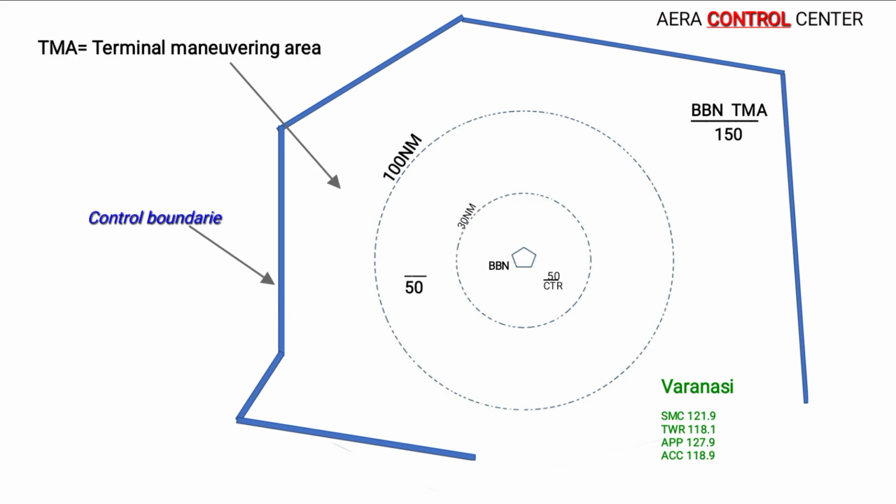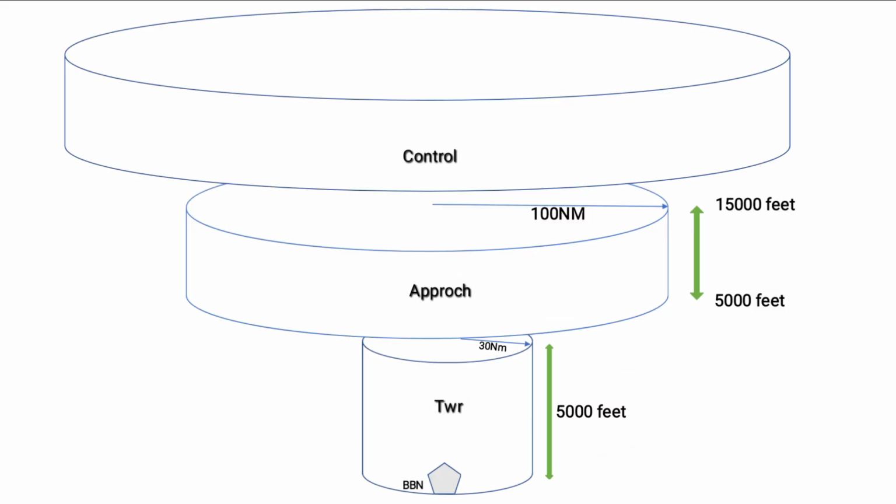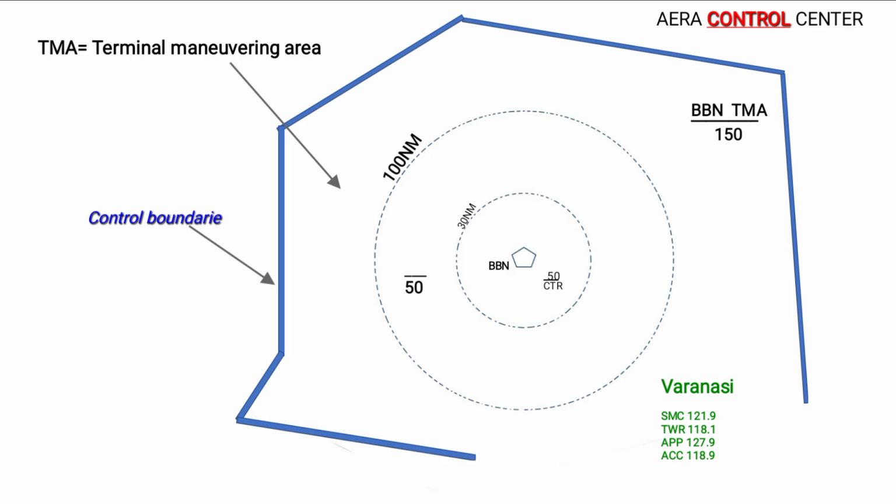Now if you see these airspaces in three dimensions, here it is. Keep this picture in your mind. This is the Varanasi VOR, Bravo November. It's the Varanasi airport, which has ground, TAR, and approach. Ground airspace is allocated to all the surface of the airport except the runway.